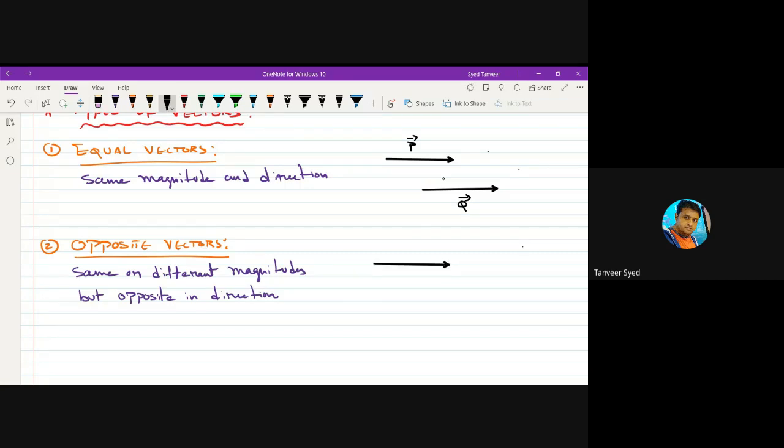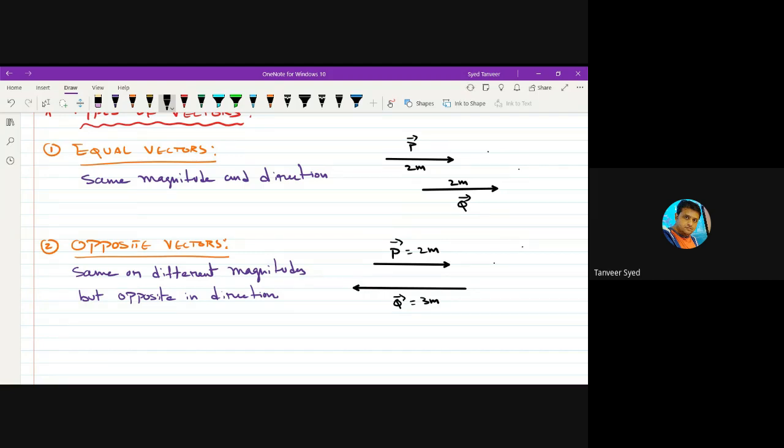Okay, let us say we are taking displacement vector. This is 2 meter displacement in this direction, this is also 2 meter displacement in the same direction. P is 2 meter in this direction, Q is 2 meter in this direction, same magnitude, same direction, same vectors, equal vectors. Now this is P, which is, let us say, 2 meter, and this is Q vector, which is 3 meter in the opposite direction.